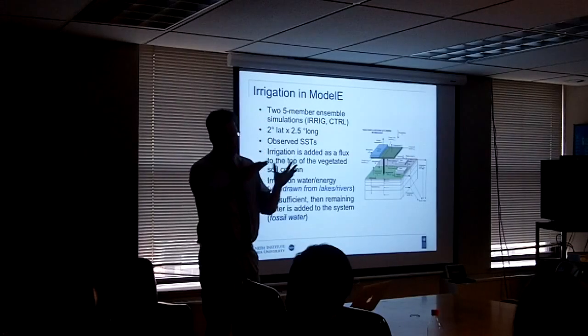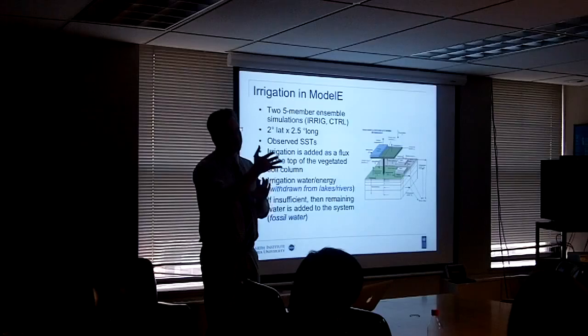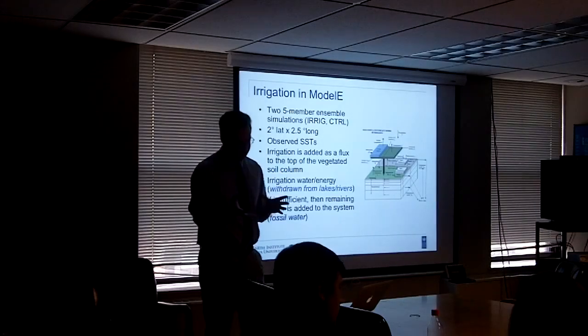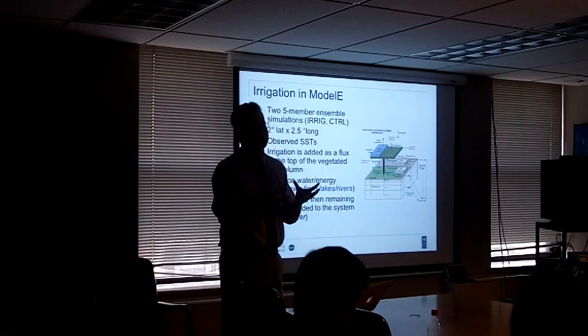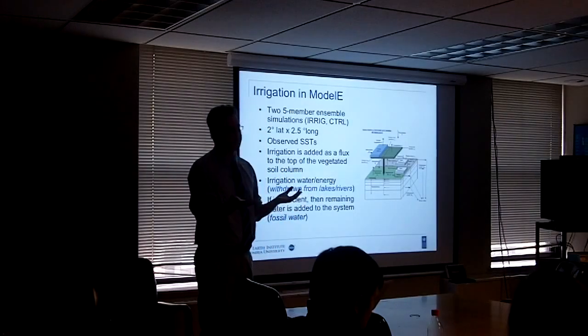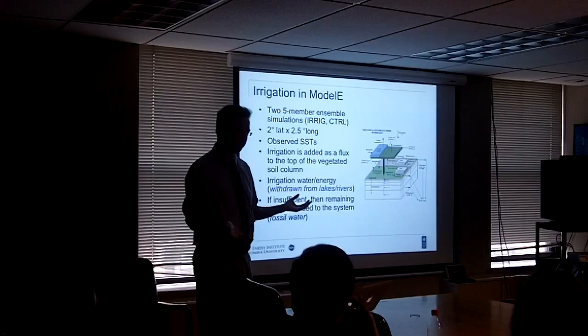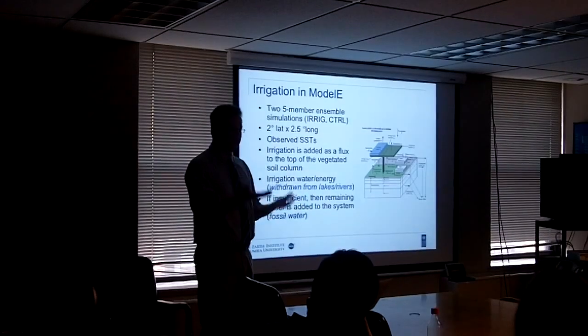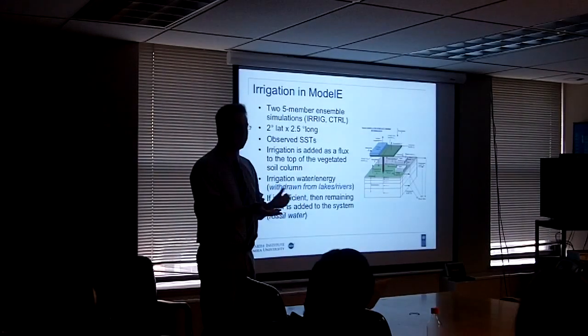So this other group brought in the data on the areas equipped for irrigation, and then a farmer's not going to irrigate if it's a wet year, right? So it'll depend on the rainfall in a given year whether or not they're irrigating.